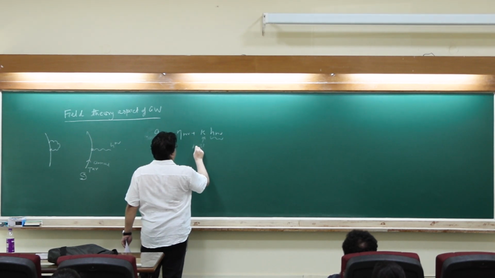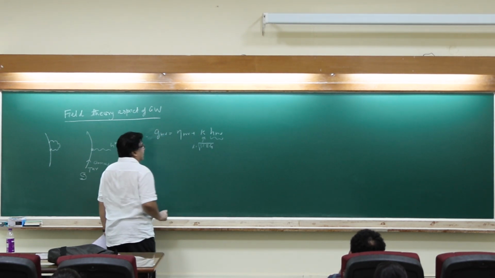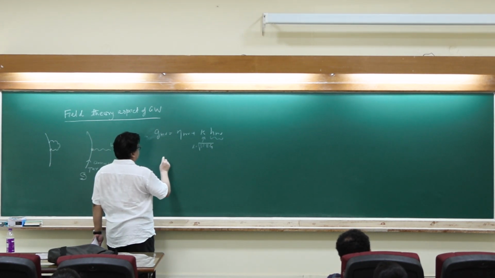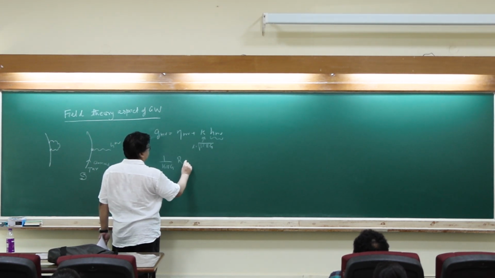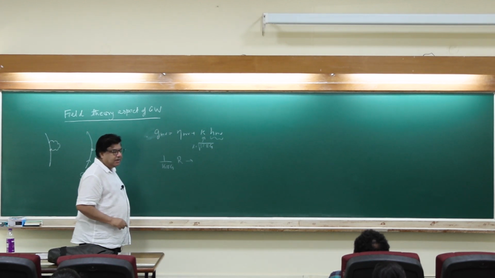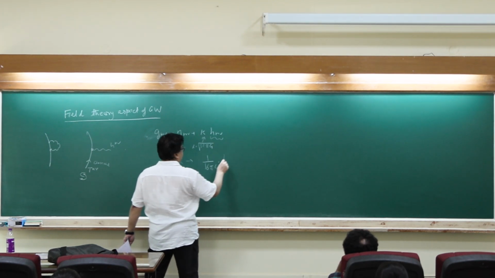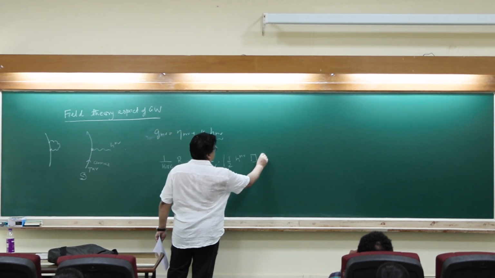Kappa is square root of 32 pi G, and it's easy to see why that should be, because you start, let's say, with 1 upon 16 pi G R. Linearize it, and what you'll get is 1 upon 16 pi G, and this will give you half H mu nu box H mu nu.